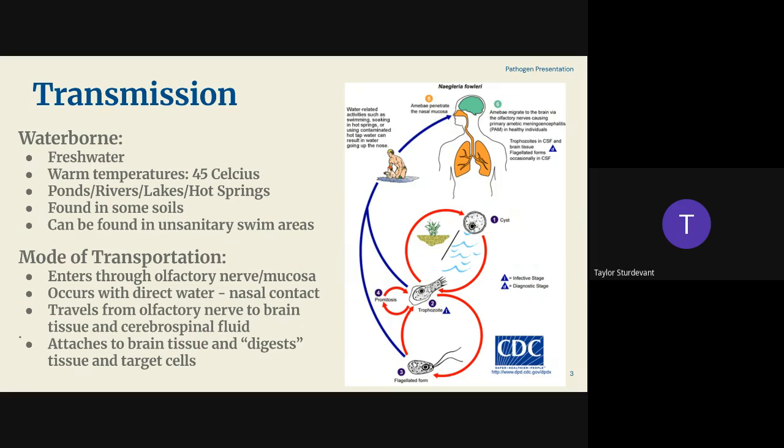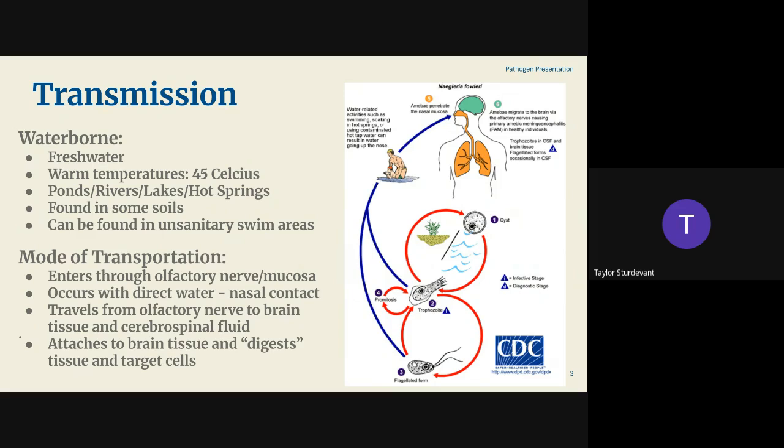It will travel from the olfactory nerve to the brain tissue, and it will also live in the cerebral spinal fluid. From here, it is able to attach to brain tissue and will digest tissues and its target cells, again, through the proteins and the molecules that it secretes.